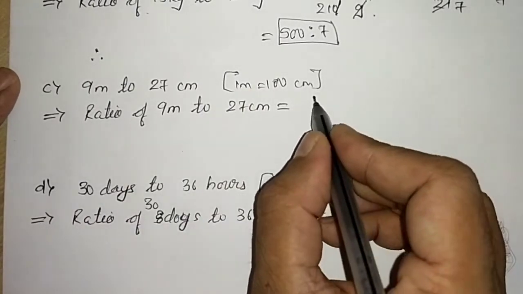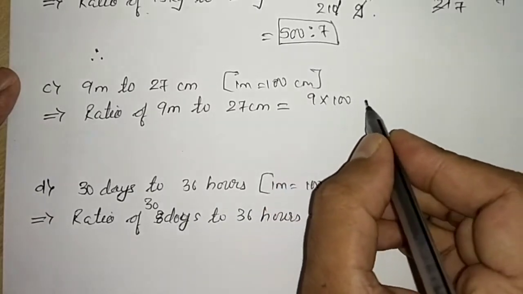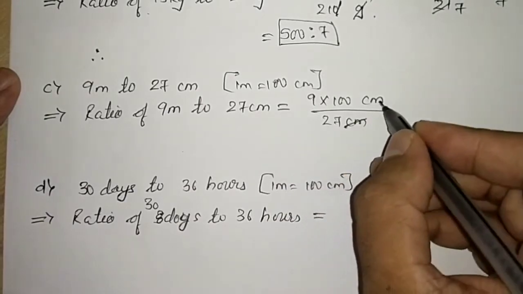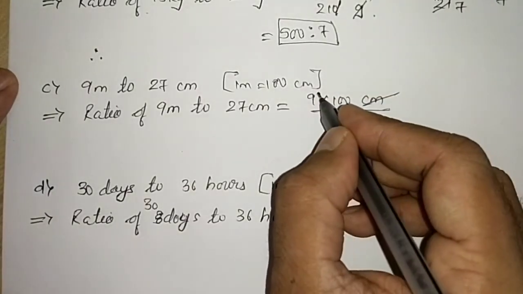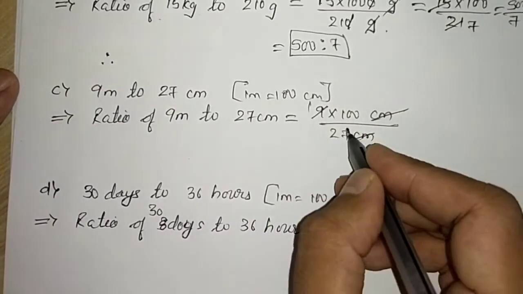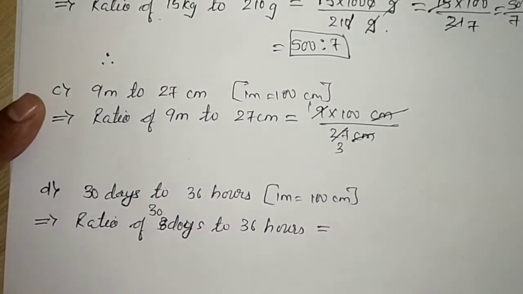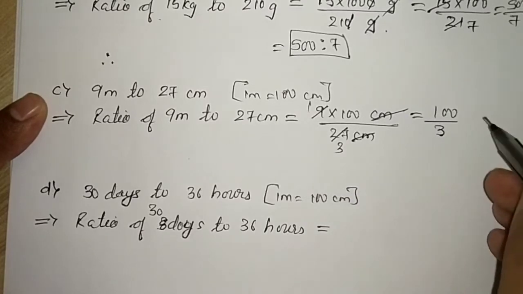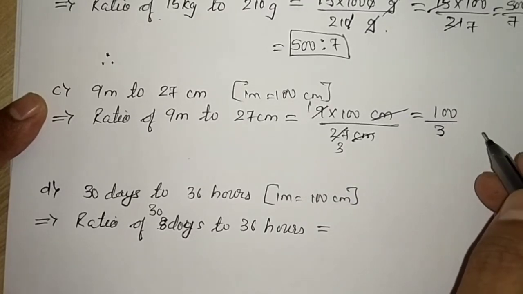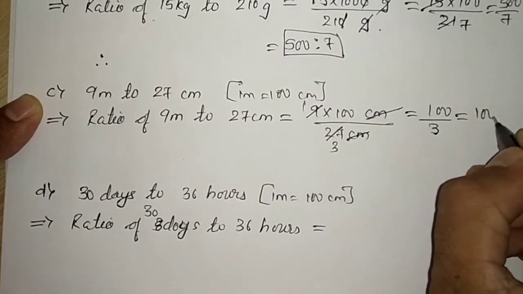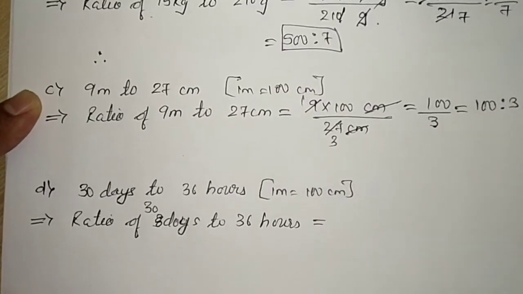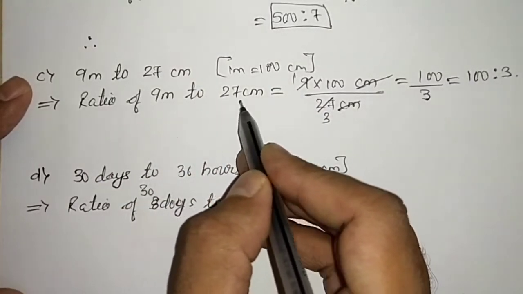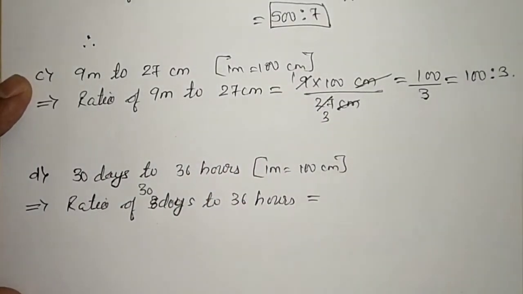So 9 meter we will write as 9 into 100 centimeter divided by 27 centimeter. We will cut out: 9 ones are 9 and 9 threes are 27. So we will get 100 divided by 3. Now further, if I divide this, we will get it in decimal form. So we will write 100:3. And then finally we will write, therefore the ratio of 9 meter to 27 centimeter is equal to 100:3.